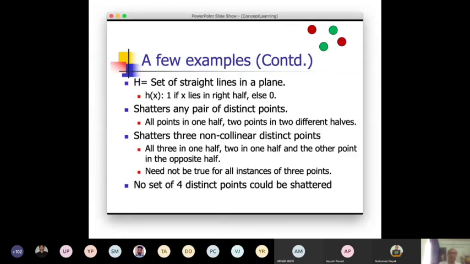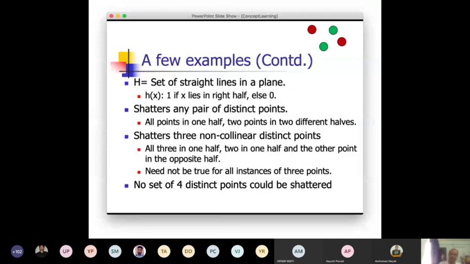But now if you take 4 distinct points, suppose this is the example, shown at the rightmost topmost corner. Here is one example, by giving 2 colors. If you draw the 2 lines, these 2 convex sets are intersecting.